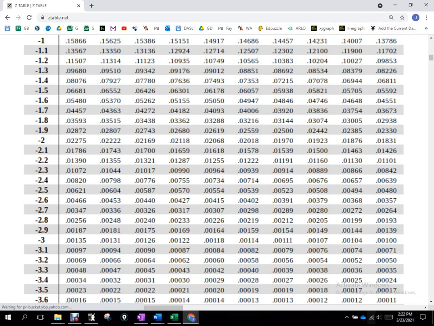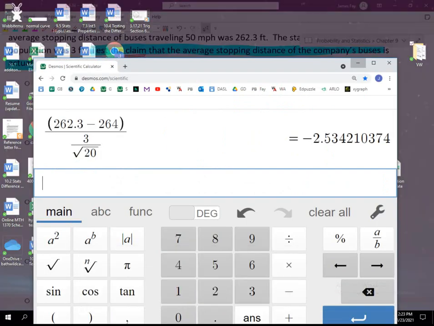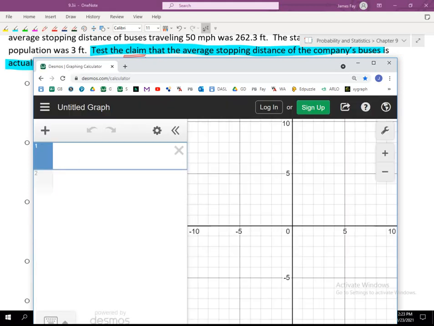Okay, using Desmos. Now, Desmos, you just got to be careful with this because for whatever reason, and they're really the same calculator, but this scientific calculator does not have the stats functions. It doesn't have a lot of the functions that this calculator does.